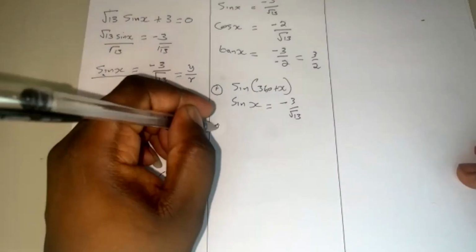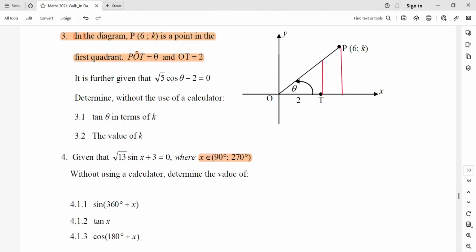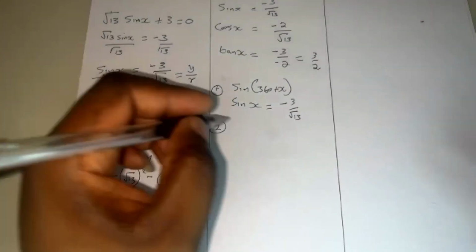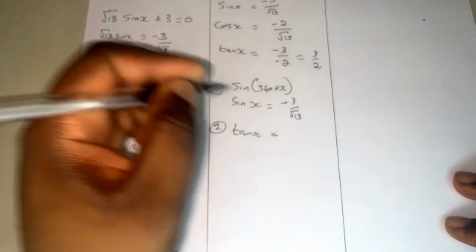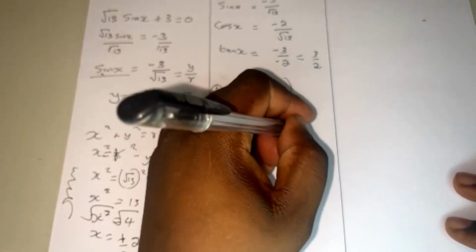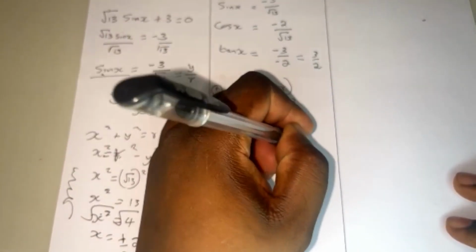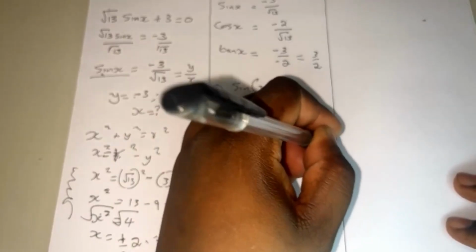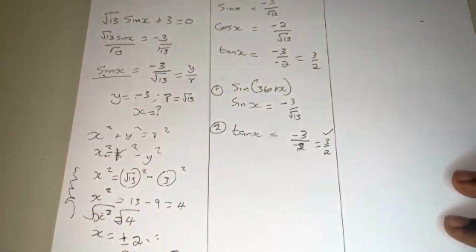Done. Question number 2 asks for tan x. We have already figured out tan x up there, which is negative 3 over negative 2, equal to 3 over 2. That is what they want.